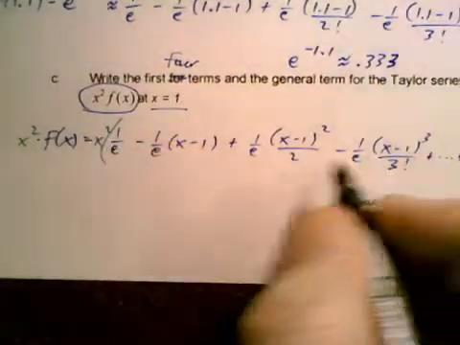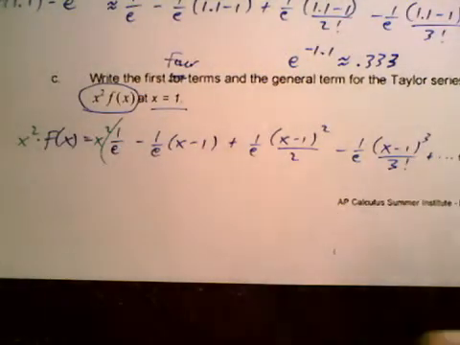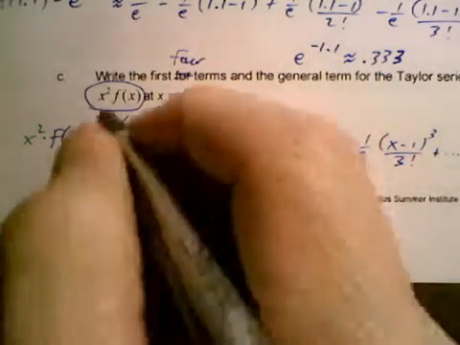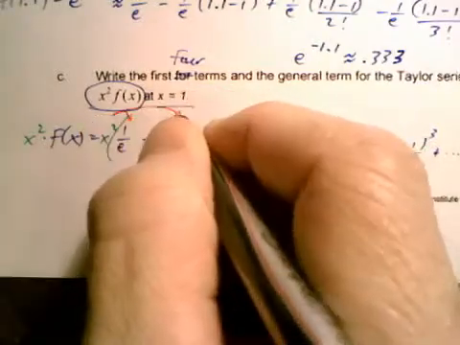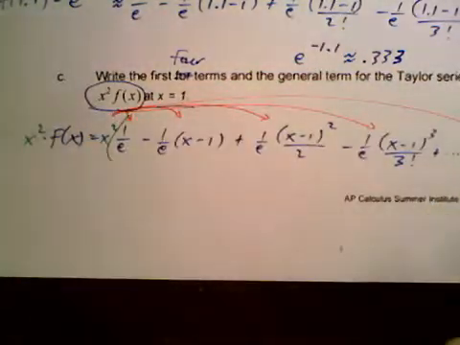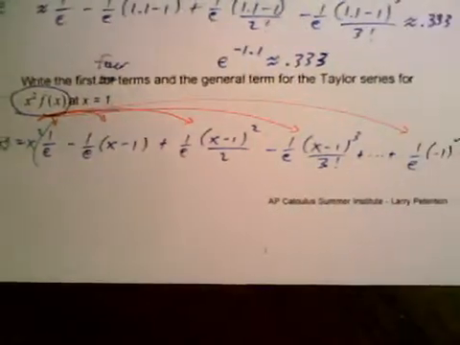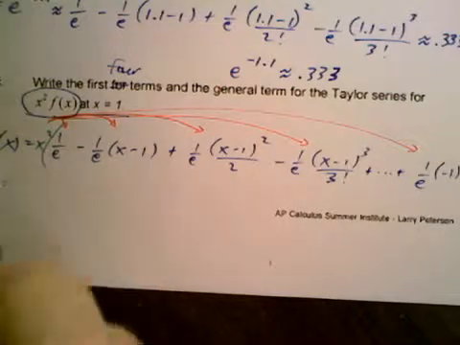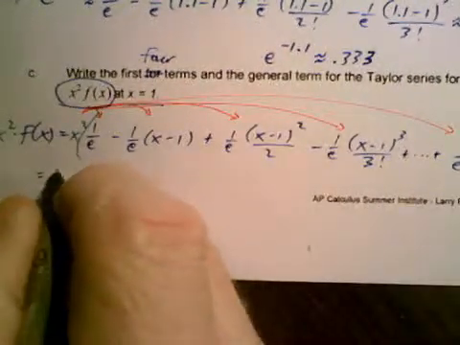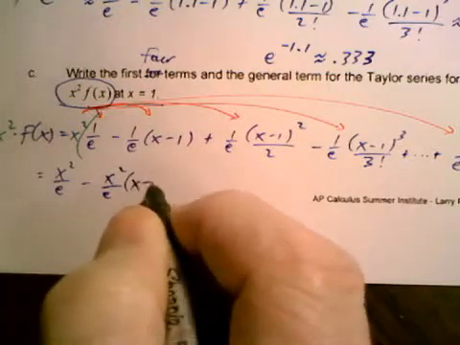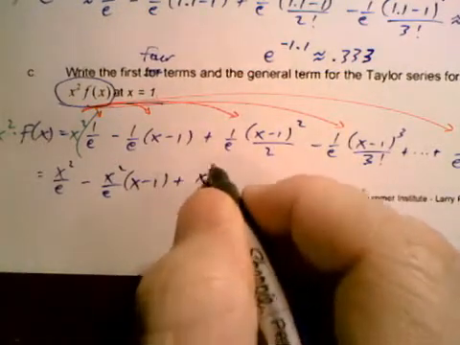X squared times everything means x squared times every single term. You know, the distributive property. Way back in Algebra 1, you learned that if there's something on the outside, you're going to multiply it by every single term, even the nth term, and so forth. So you're multiplying this by an infinite number of terms. And so we can just rewrite that as x squared over e minus x squared over e times (x minus 1) plus x squared over e times (x minus 1) squared over 2.